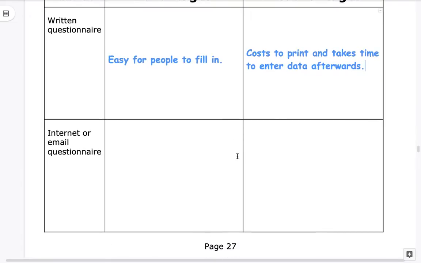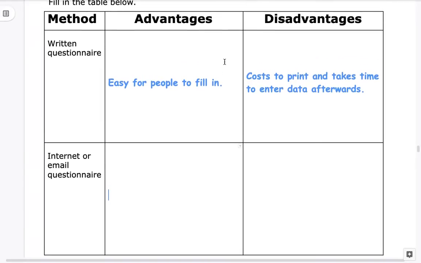Okay. Internet or email questionnaire. What are some of the advantages of an internet questionnaire? Well, some of the advantages are that it's very quick to send out. Disadvantages is it's hard to get emailing lists of target populations.